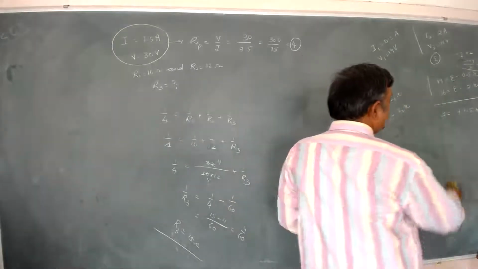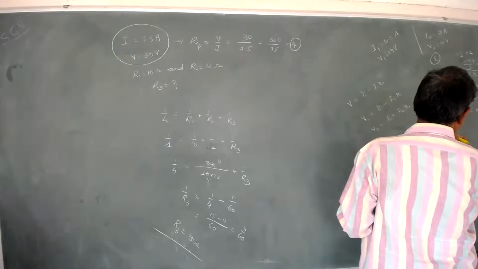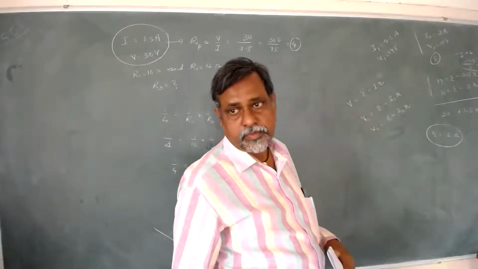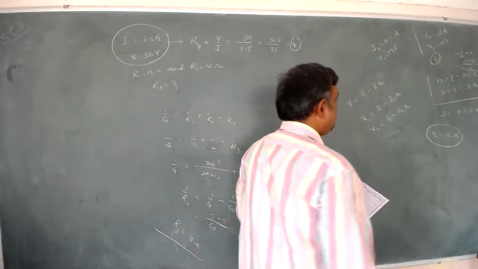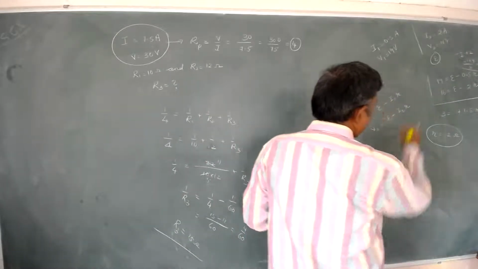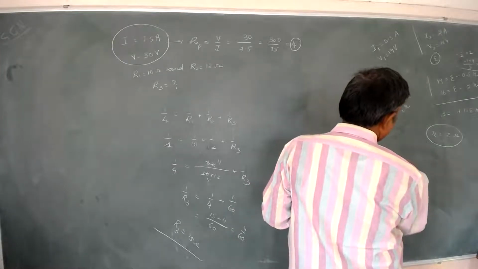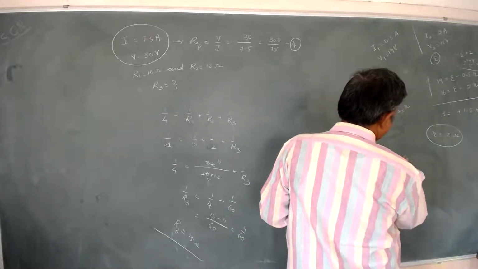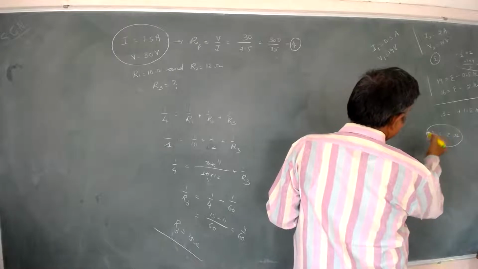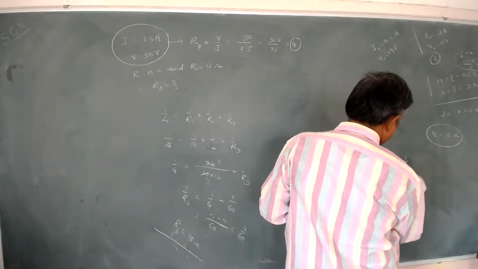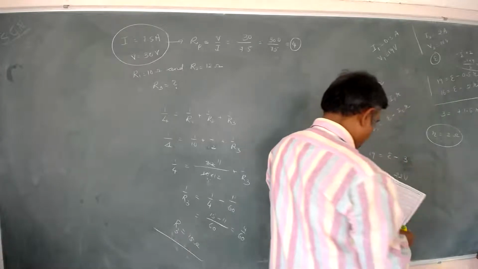Understood? Therefore R, the internal resistance, is 2 ohm. Now, the 2 ohm you substitute in any one of the equations.